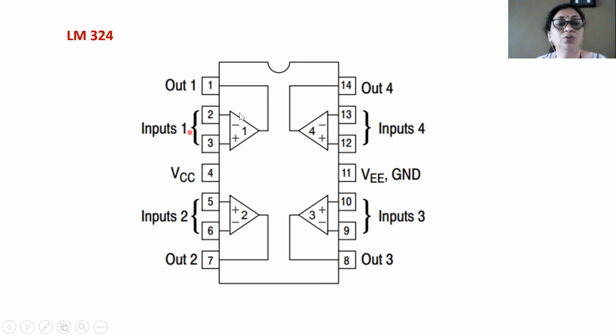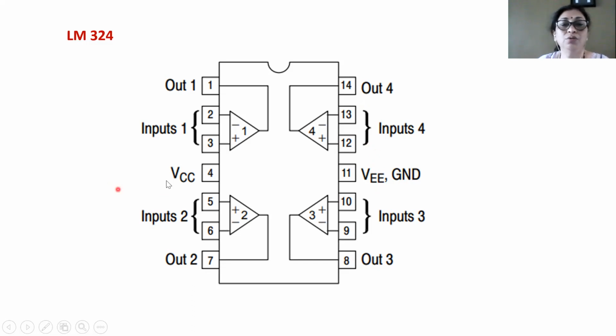Okay, so each operational amplifier has 2 inputs, one plus, another minus, and one output. Here you can observe input number 1, output number 1, input number 2, output number 2, then input number 3, output number 3, input number 4, output 4.